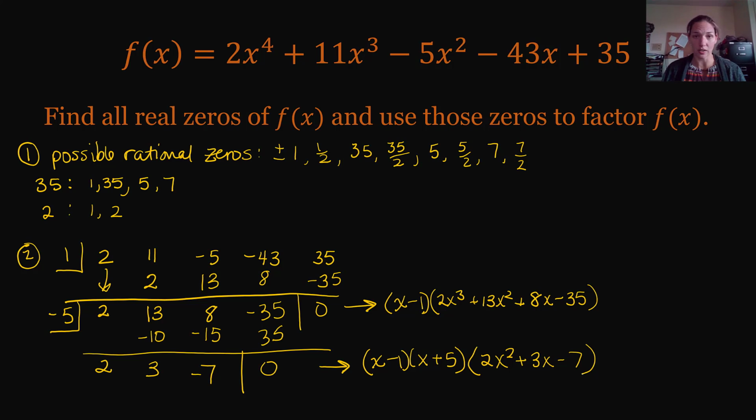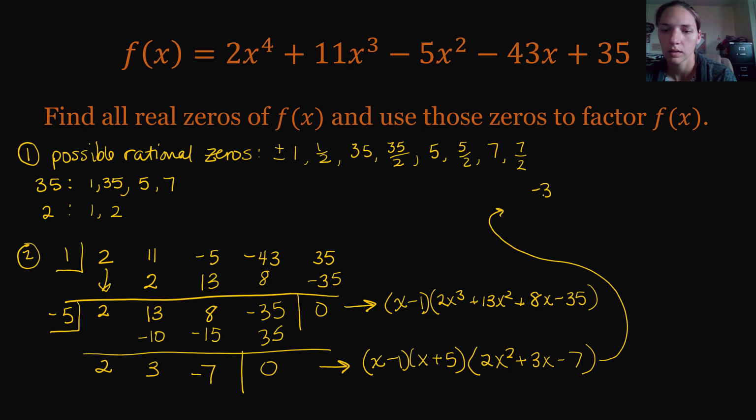Now, you can continue your synthetic division here, or you can factor that. This doesn't factor. So none of our other nice roots are going to be the right ones. So we'll use the quadratic formula for this.